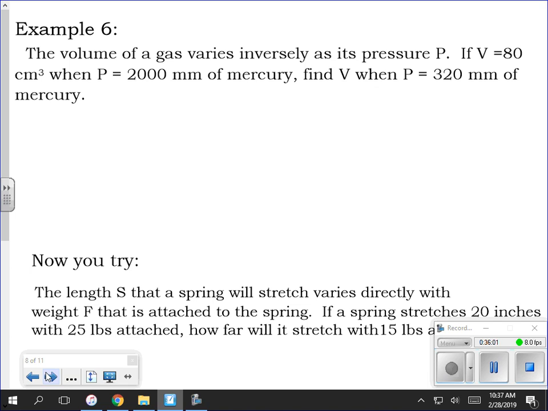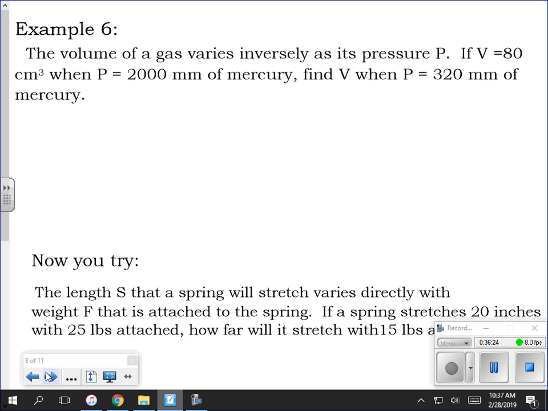Ooh! The ideal gas law. That's not the same. Okay, the volume of gas varies inversely as its pressure. So I guess temperature is being held constant in this particular case. STP, standard pressure. Okay. Gas varies inversely as pressure.